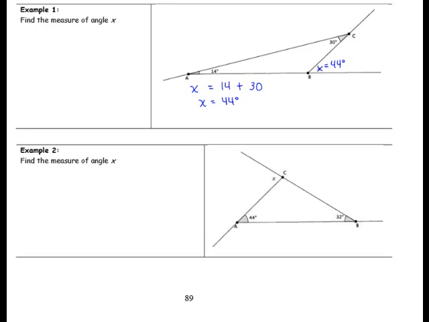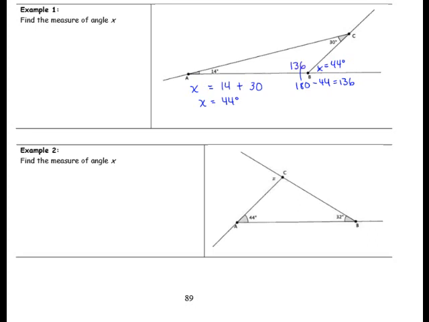Present an informal argument that proves that you are correct. Well, we know that triangles have a sum of interior angles that are equal to 180 degrees. We also know that straight angles are 180 degrees. So the measure of angle ABC right here would be 180 minus 44 degrees, which would equal 136 degrees.